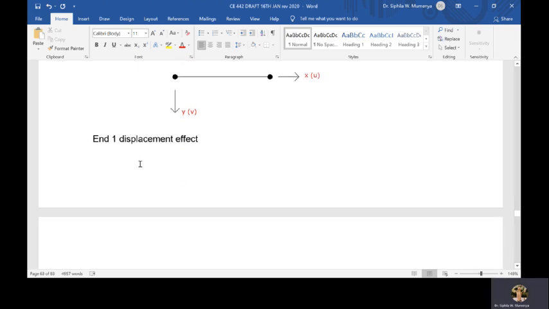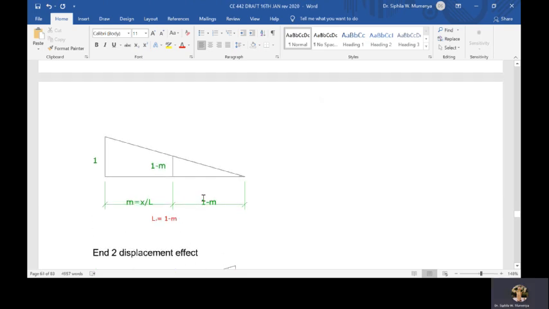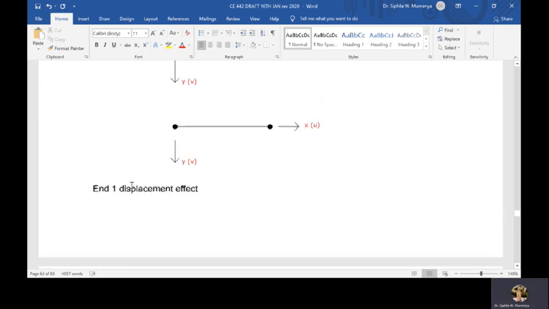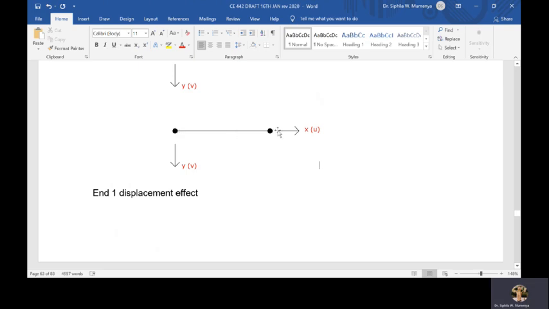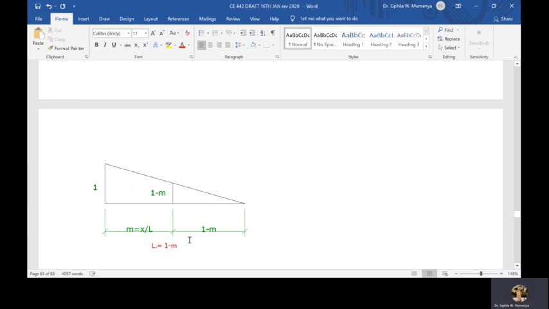For example, if I have an element like this, horizontal with nodes 1 and 2, as shown there, and I give a unit displacement at that one end there, and everywhere else is zero, you can visualize that the displacement at any other point in between will be a function of that unit and zero.